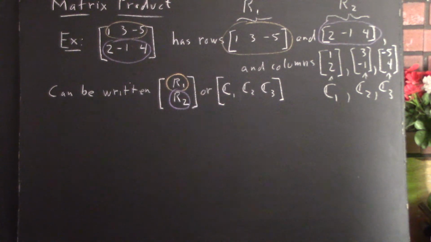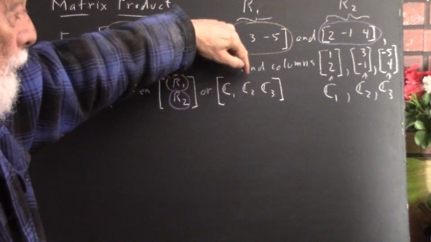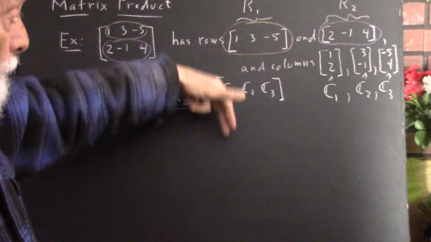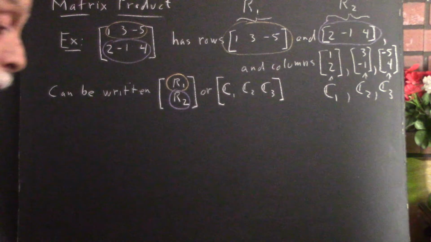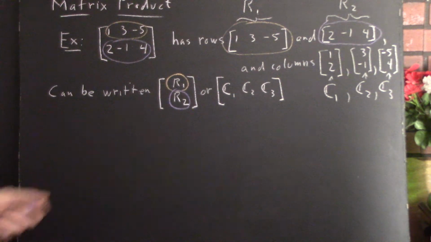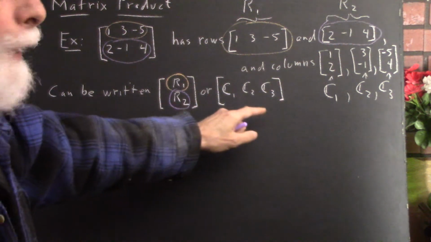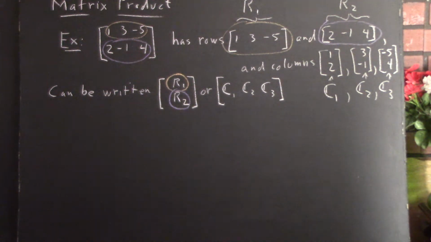Now, with that notation, I can write this as column 1, column 2, column 3. We understand columns go down. So there it is. There's the row representation of the matrix. Here's the column representation.